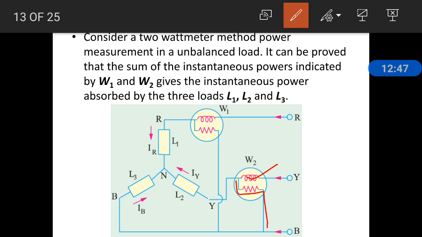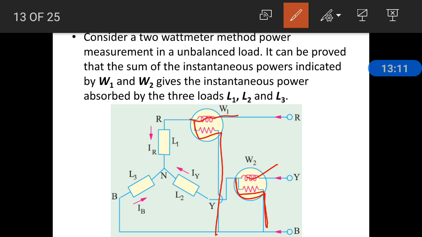So from this connection, W2 measures the current in the Y phase and the potential difference across Y and B. W1 measures the current in the R phase and the potential difference across R and B. So we should know the working of the wattmeter.